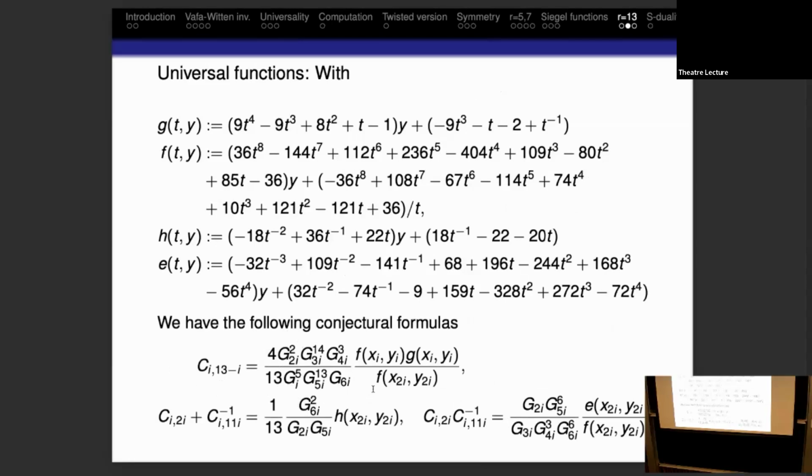So in this case, we have this kind of trivial factor, which is just a monomial in the Siegel functions, multiplied by, in the denominator, this f at x2i. yi, numerator, we have the same f, and then the g. And the f and g are written down here, which are some big polynomials, but they are polynomials, not rational functions in these things.